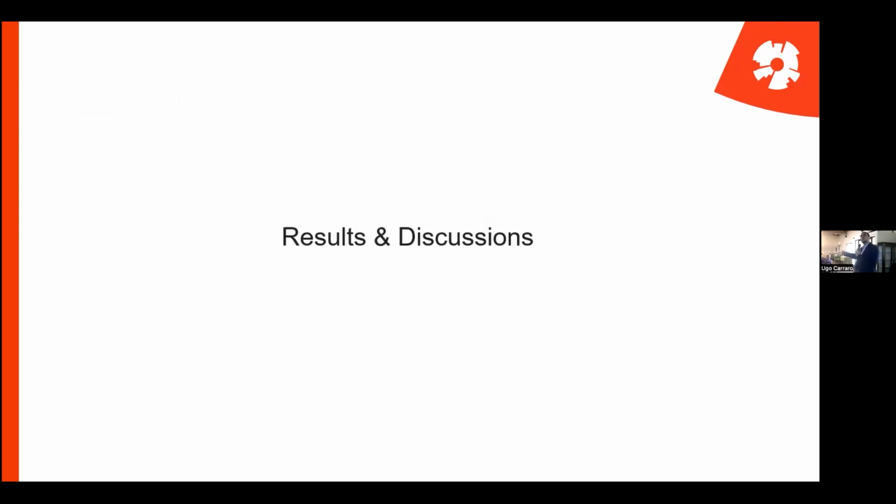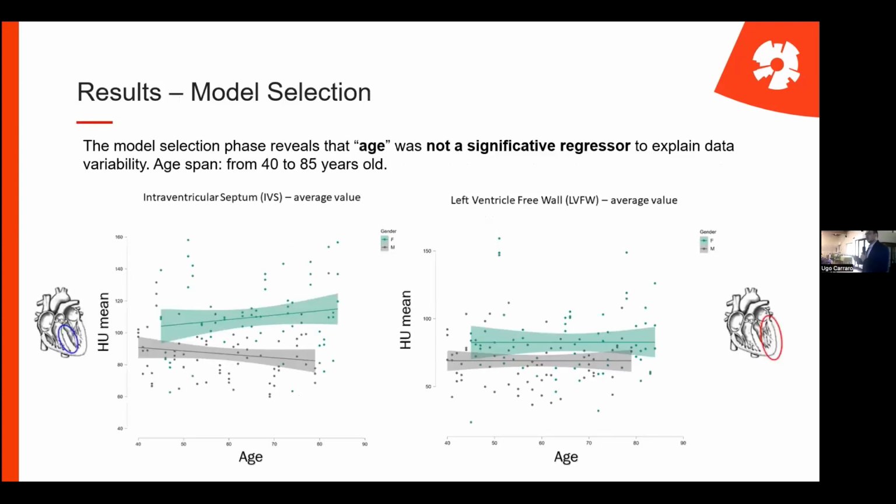Let's move to some results. The first result that surprised me a lot is that age was not a significant regressor for our model. So I showed you before, there's no age in our model. And I think the explanation could be these 2 charts.